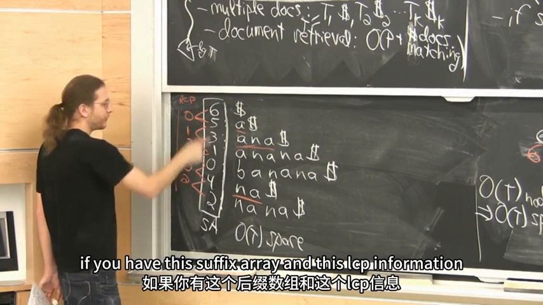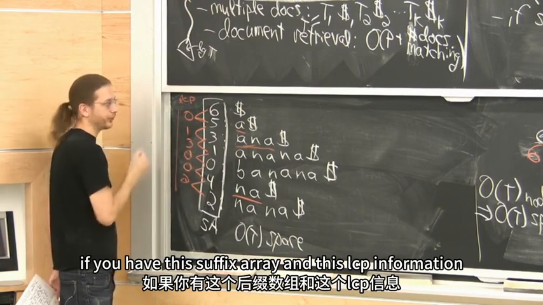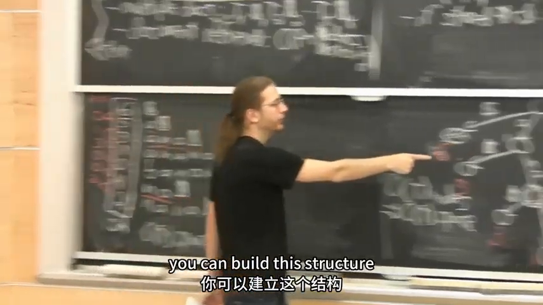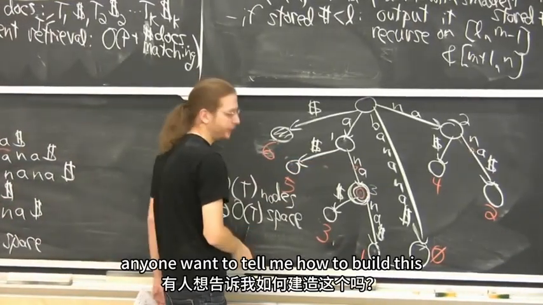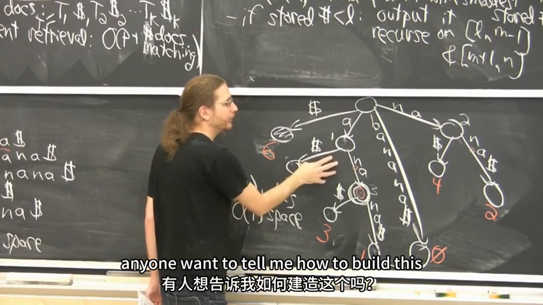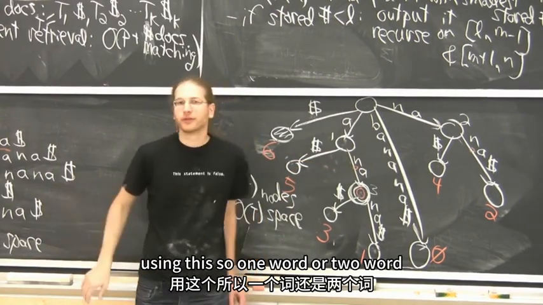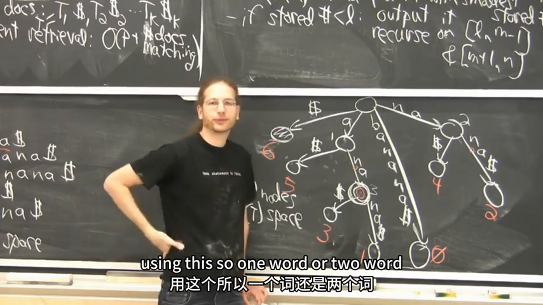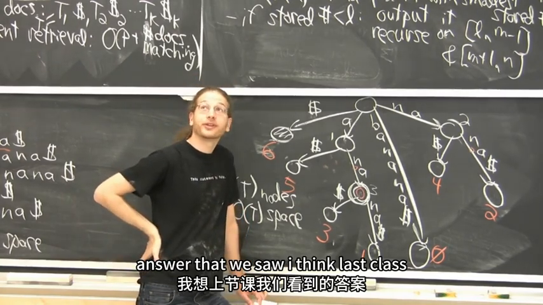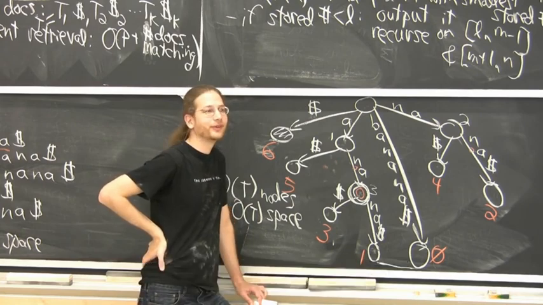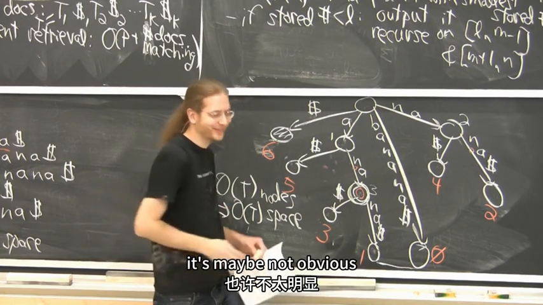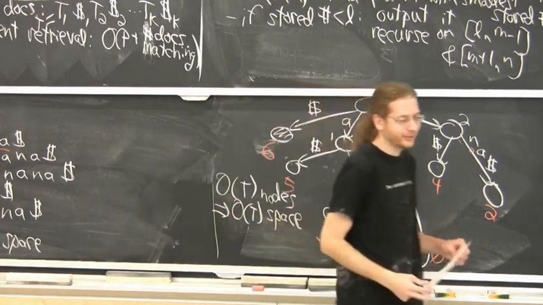I claim if you have this suffix array and this LCP information, you can build this structure. Anyone want to tell me how to build this using this? One word or two word answer that we saw, I think, last class. But we saw a lot of things last class, so it's maybe not obvious.